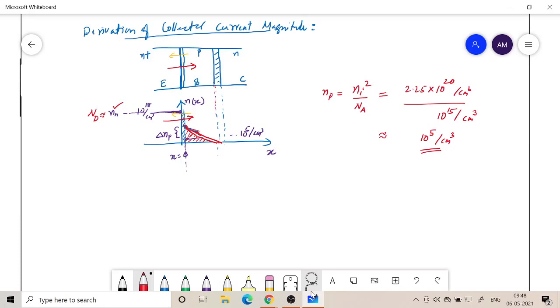But when you look at the change of concentration of electrons in the p region, that is the base region, earlier it was this much, but then 1,000th of 10 raised to 18, suppose it is coming into the side, then there is going to be a significant change.